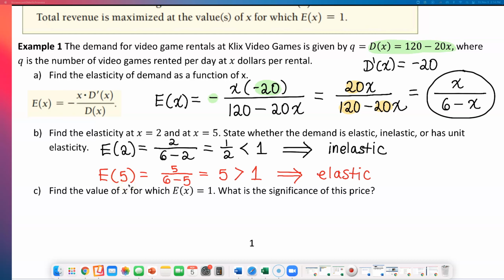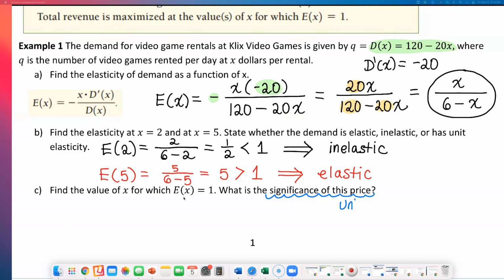But when is the profit maximized or the revenue maximized? Find the value of x for which E of x is equal to 1. So they're asking us to find the unit elasticity. So the significance of this price, okay, this is going to be the unit elasticity.